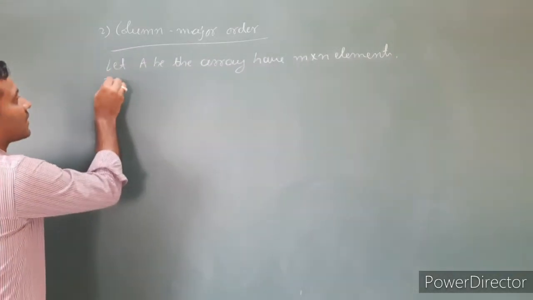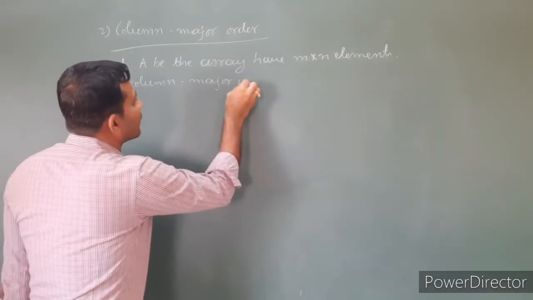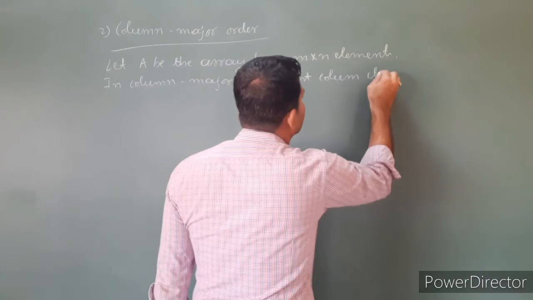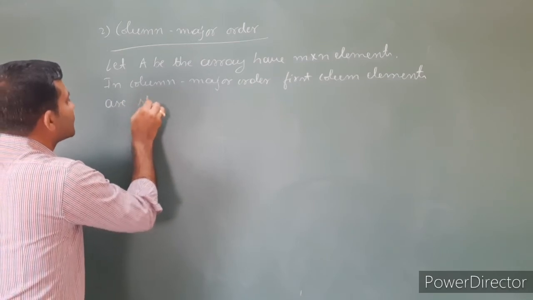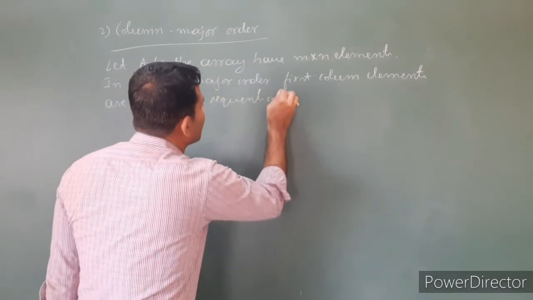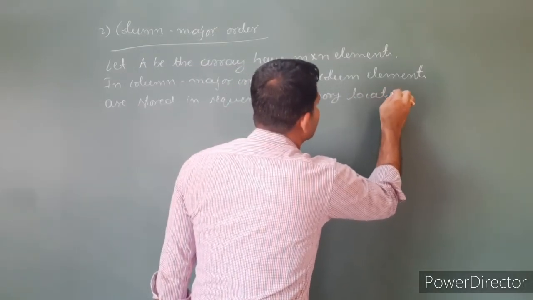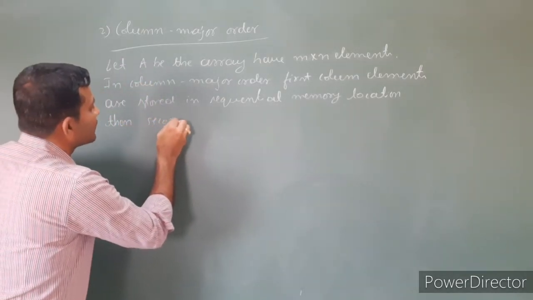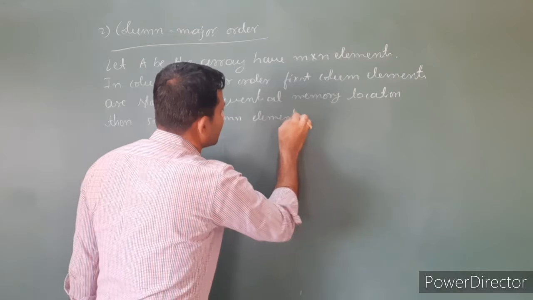Then in column major order, first column elements are stored in sequential memory locations, then second column elements, and so on.